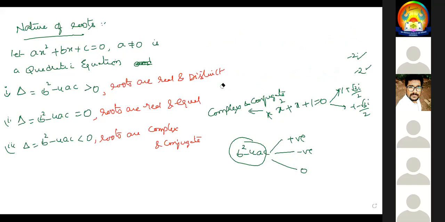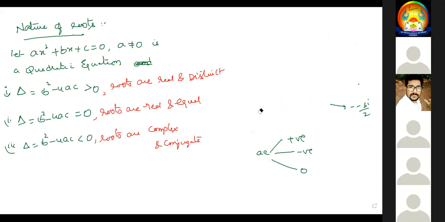Whenever I gave a quadratic equation, my students used to solve the entire method, and at that time they used to conclude the roots are distinct or equal or complex. But without doing the entire method, there is one thing called delta, the discriminant, b square minus 4ac.